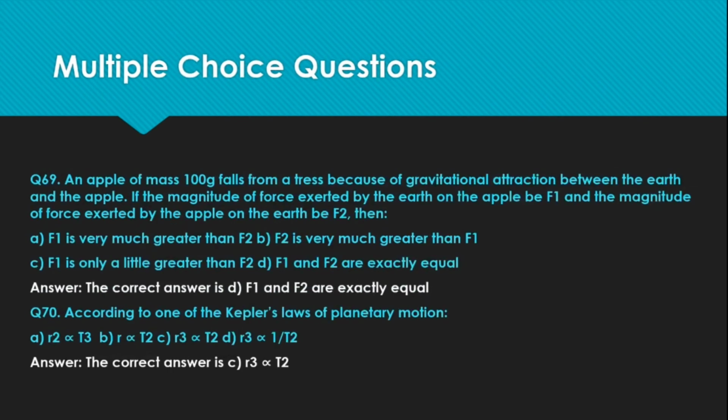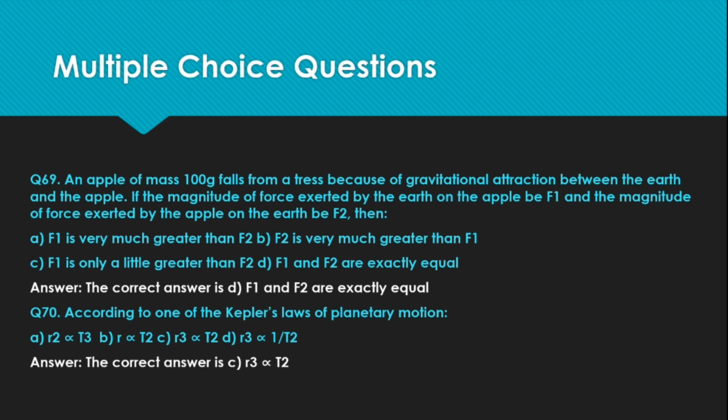Question number 69. An apple of mass 100 grams falls from a tree because of gravitational attraction between the earth and the apple. If the magnitude of force exerted by the earth on the apple be F1 and the magnitude of force exerted by the apple on the earth be F2, then A, F1 is very much greater than F2, B, F2 is very much greater than F1, C, F1 is only a little greater than F2, D, F1 and F2 are exactly the same.